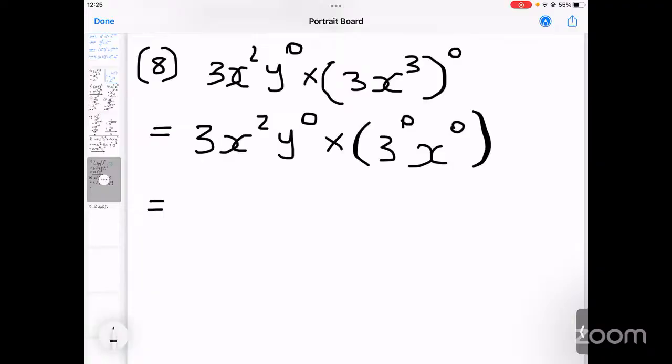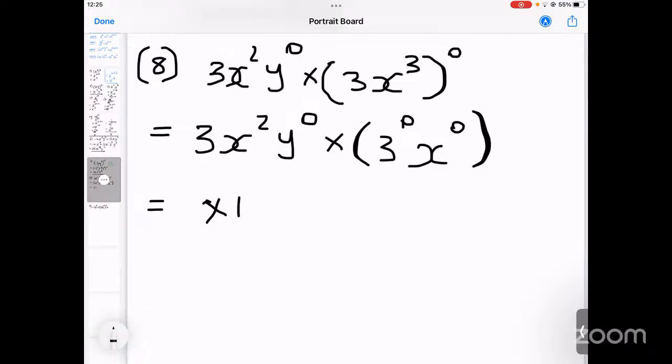So the next step I wrote times 1 because when you raise anything to the power of 0, it's always going to give you a 1. Okay, so what am I writing? Instead of the brackets, for the next step, I wrote times 1. So am I right? Do I write times 1? Yes.